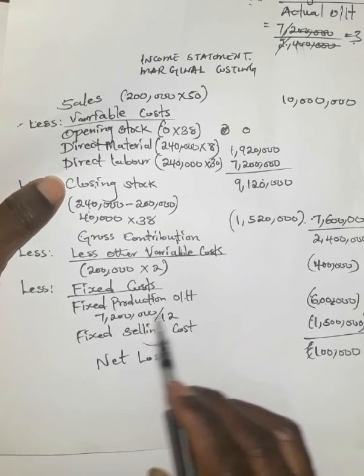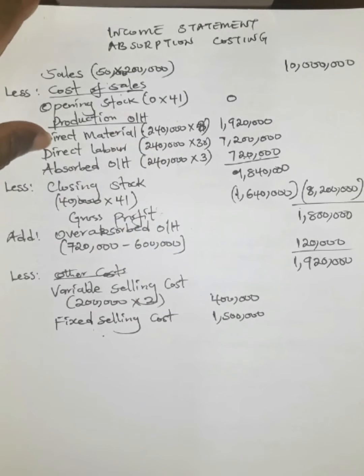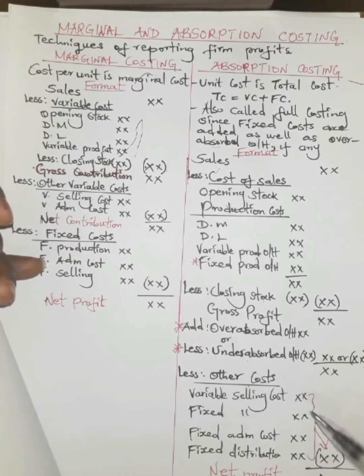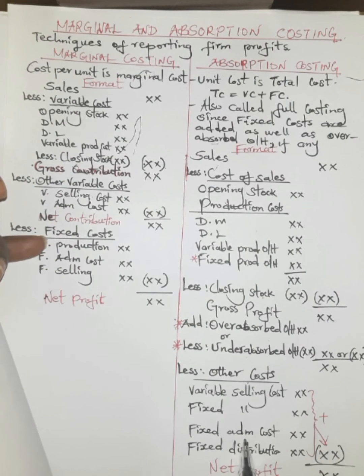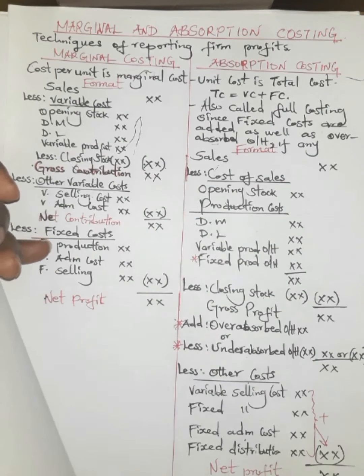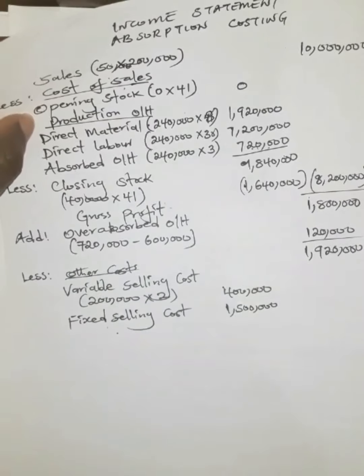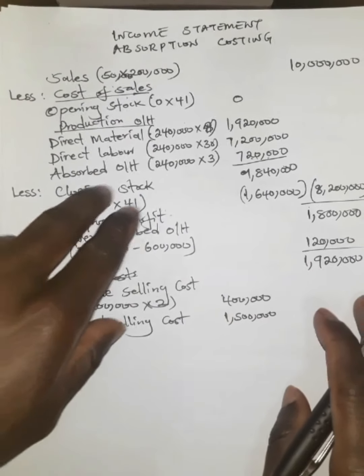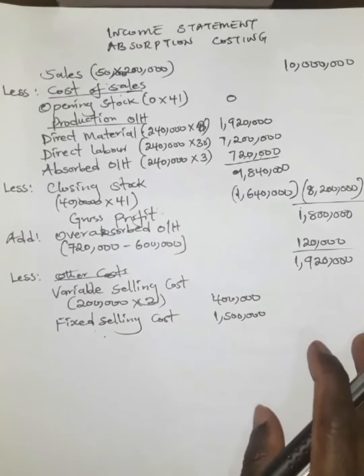Anything else that we are going to deduct would be the fixed administration cost, which is not in this question in this case, or fixed distribution cost. So production cost we don't subtract because it has been absorbed in our working, and we have illustrated.